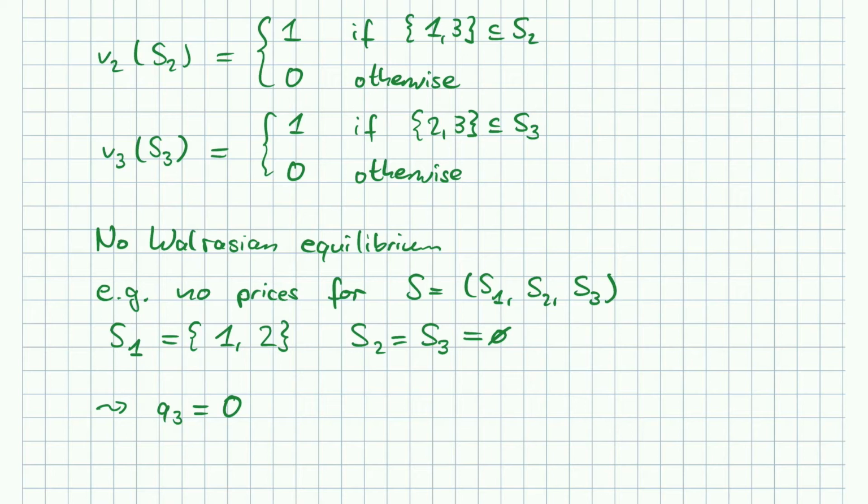So what has to hold? V2 of the empty set minus the sum of the prices in the empty set has to be at least V2 of items 1 and 3 minus the sum of the prices in 1 and 3.